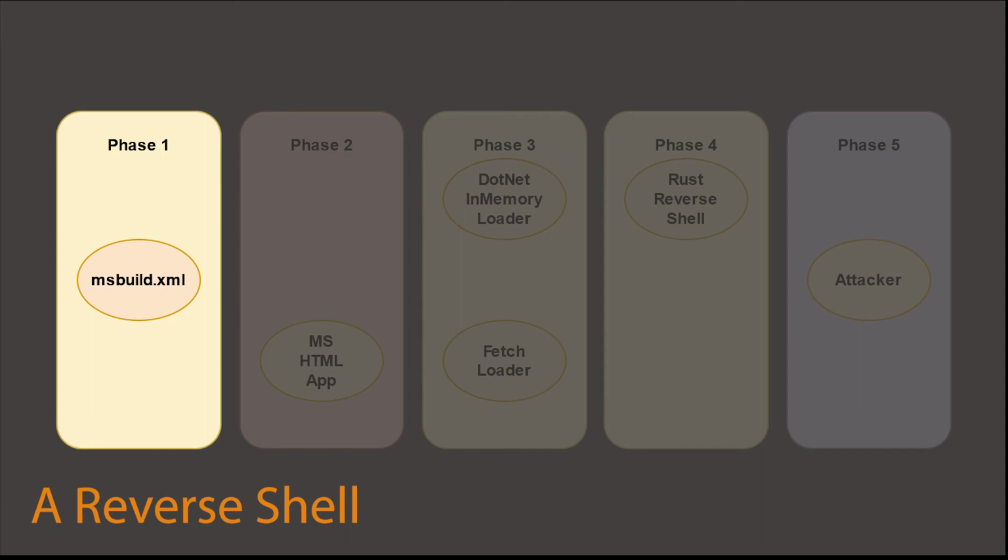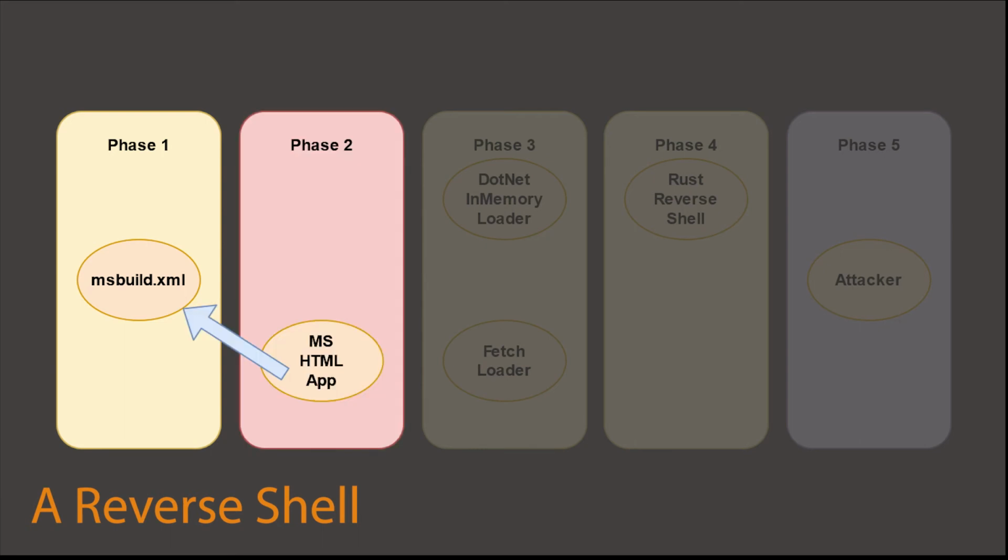So what we're going to do is serve the MSBuild file through our captive portal mini browser. It's just going to download this XML file and dump it in the cache on the disk of the victim's machine. And then phase 2 is the critical phase in the attack. If the user is required to click on a link, and if that user doesn't click and run that link, the whole attack falls on its face.